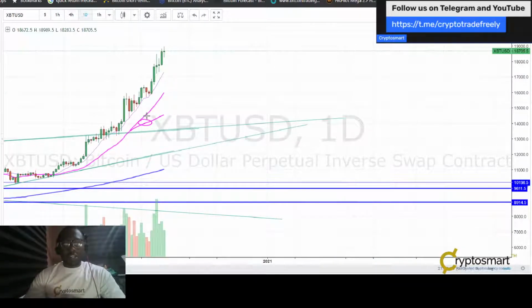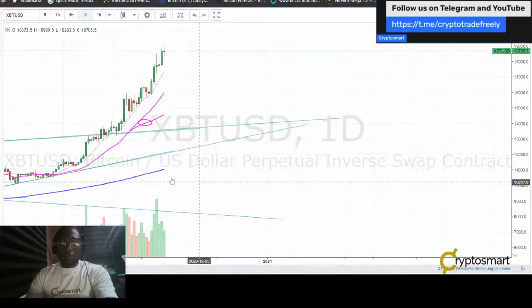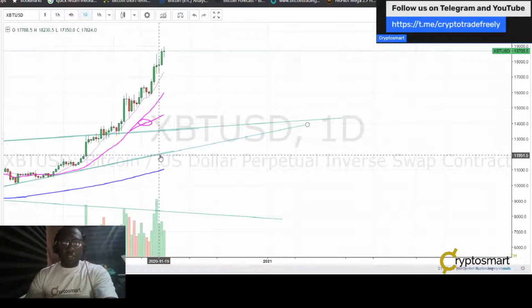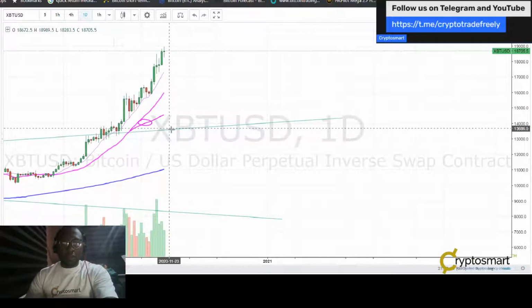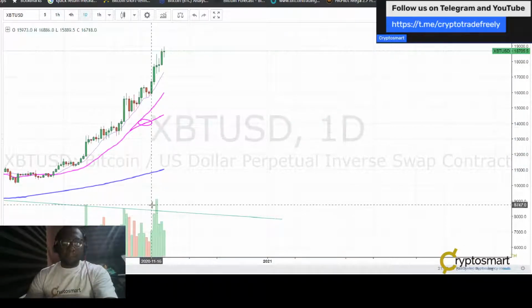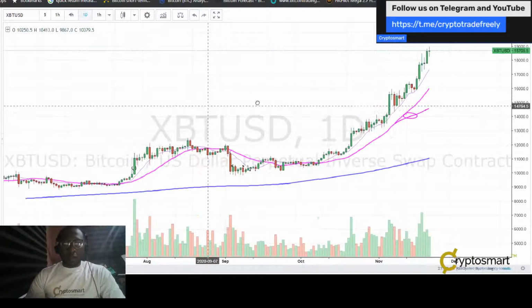Starting with Bitcoin charts. I'm going to be deleting all these trend lines so that we can start from the beginning. I hope you can all see my charts.